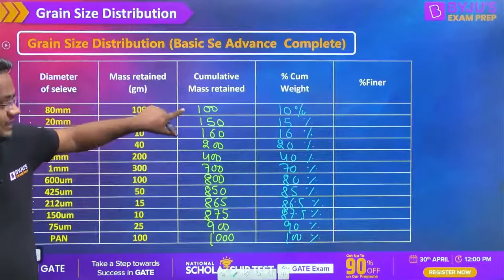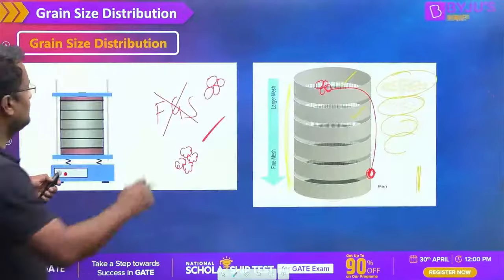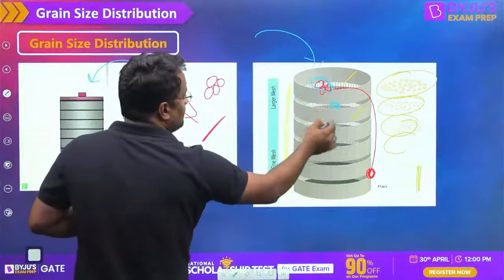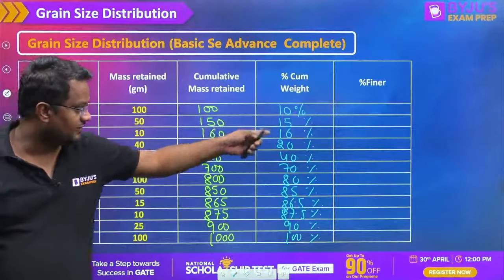Whatever weight is retained here, we have put 1000 gram of soil, so out of 1000 gram, 100 is 10% of 1000, 150 is this.